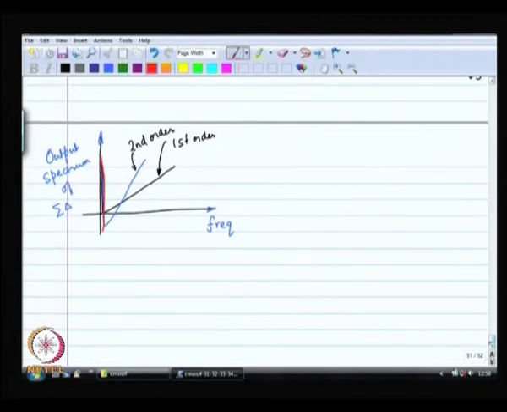Okay. Now, why I drew this output spectrum, if this is the spectrum of the division by n plus 1 signal, what do you think is going to be the spectrum of the frequency output of the VCO? Tough question. This is the spectrum.